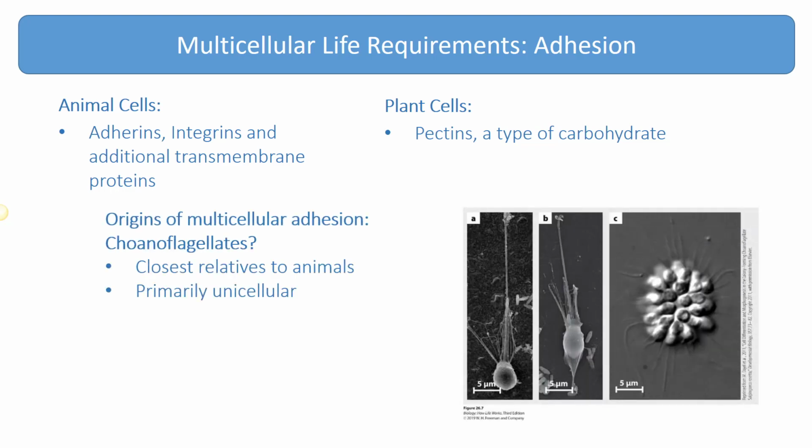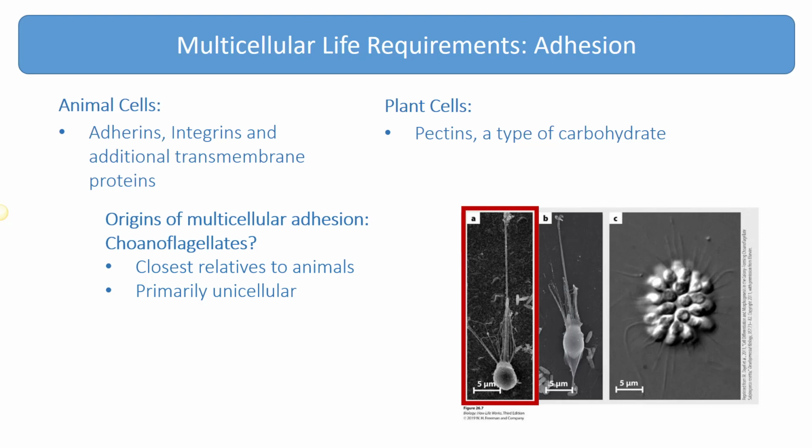For this, we can look to the closest protistan relatives of animals, unicellular microorganisms called choanoflagellates. Their genome has genes that code for many of the same protein families that promote adhesion in animals. Although they are generally unicellular, simple multicellular aggregations can be induced by molecular signals in a number of these choanoflagellate species.